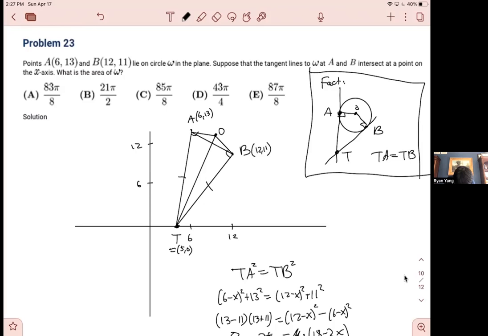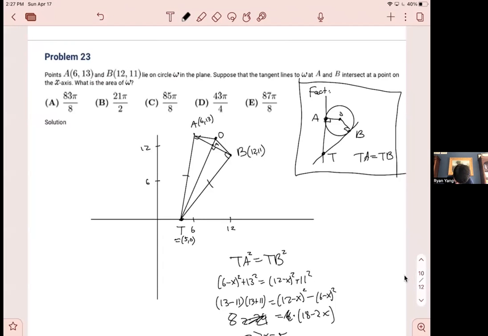If you let that be the midpoint M, then this line is a perpendicular. So AB is perpendicular to OT by symmetry, basically.